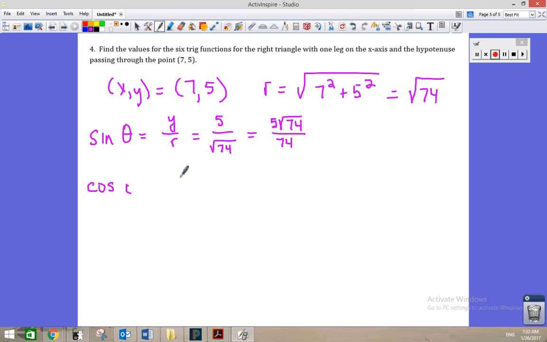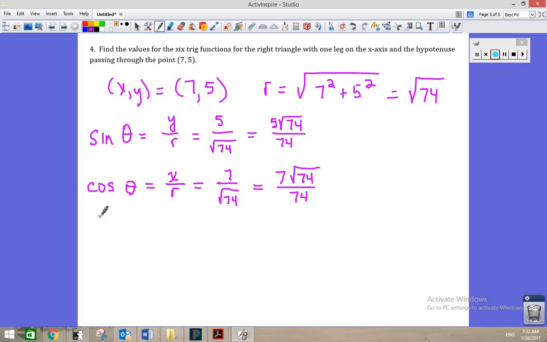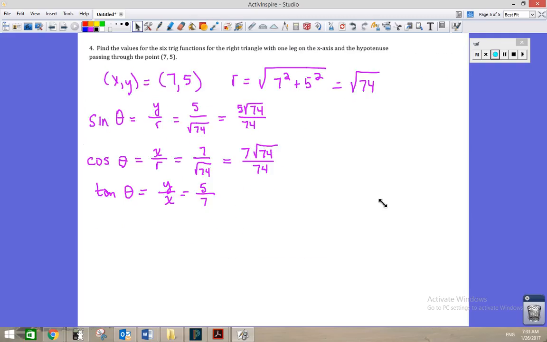The cosine of angle theta is x over r, the tangent of theta is y over x. Let's come in and shrink this up a little bit.